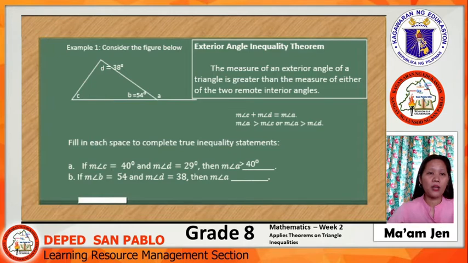So 38 plus 54 is 92. 180 minus 92 is 88 degrees. So angle C is 88 degrees. So the measure of angle A must be greater than 88 degrees. As you observe, you just have to get the greater value of the interior angles.